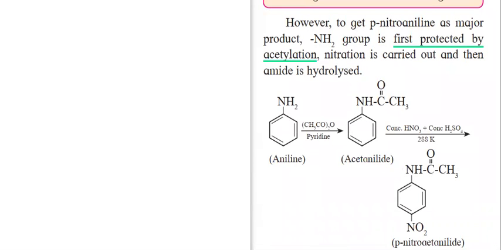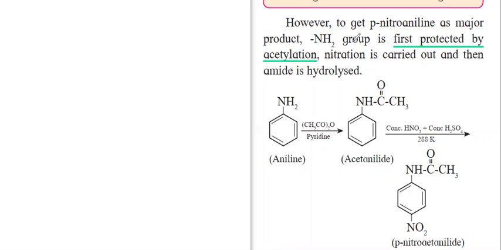However, to get only para-nitroaniline as our major product, we don't want a mixture of ortho, meta and para.